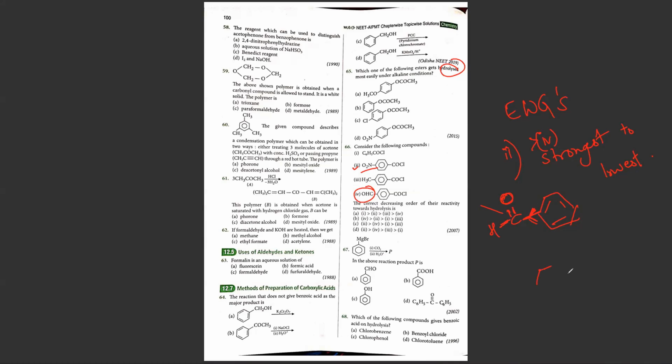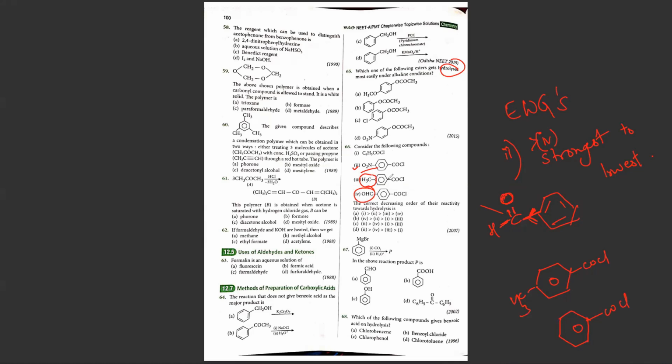One is CH3, another is phenyl COCl. So next, this is CH3. CH3 is an electron donating group.